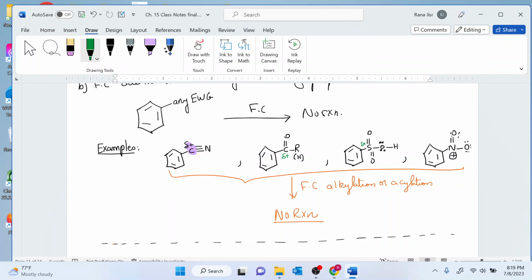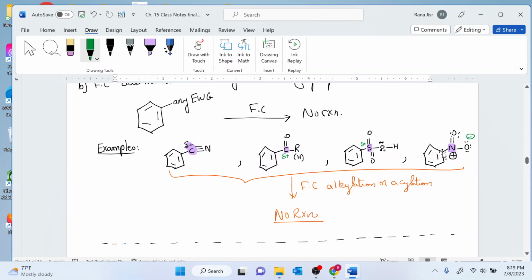So any partial positive element, whether it's a carbon or a sulfur, it really doesn't matter, or a full positive charge element, like for example here, the nitrogen with a positive charge. If this is connected to the benzene, then this is going to be called an electron withdrawing group.